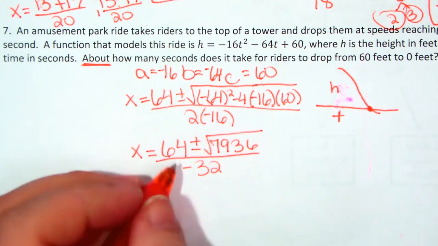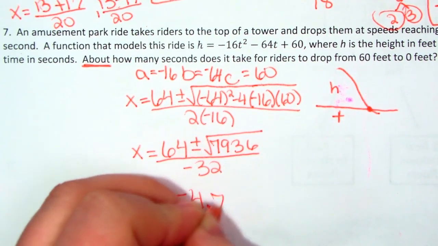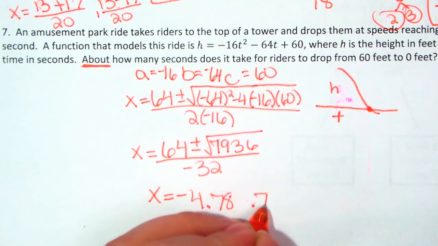When we do that, we get one of our solutions at negative 4.78 and one of our solutions at 0.78.